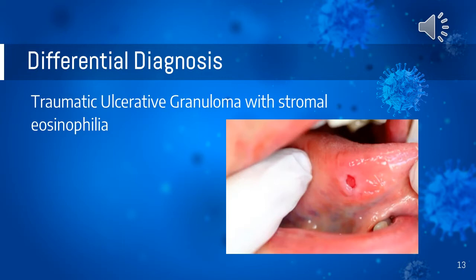But traumatic ulcerative granuloma with stromal eosinophilia tends to occur more posterior and dorsal of the tongue. The history of chronic tobacco use argues against the traumatic ulcerative granuloma, and the histology didn't show similar features.